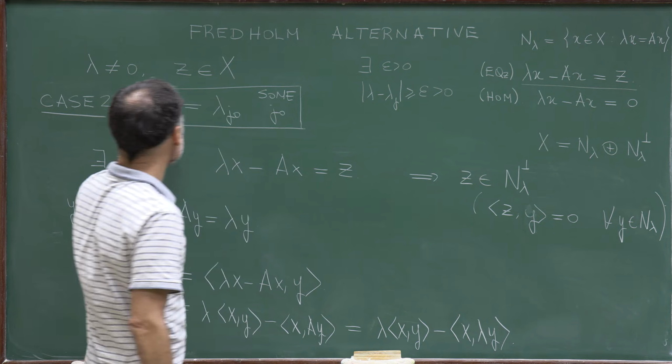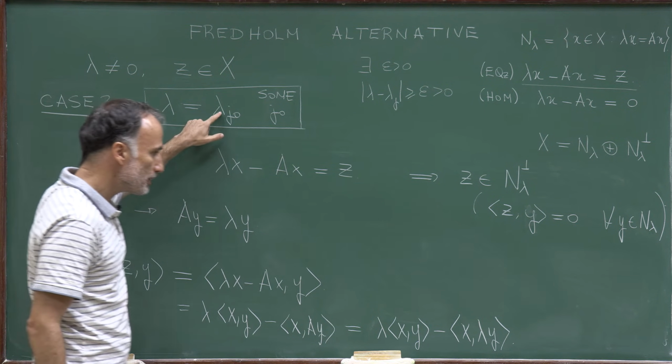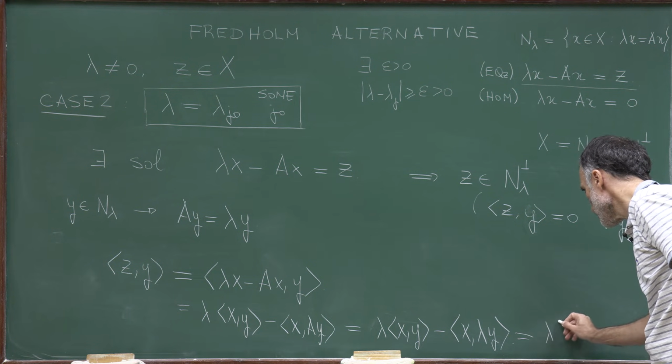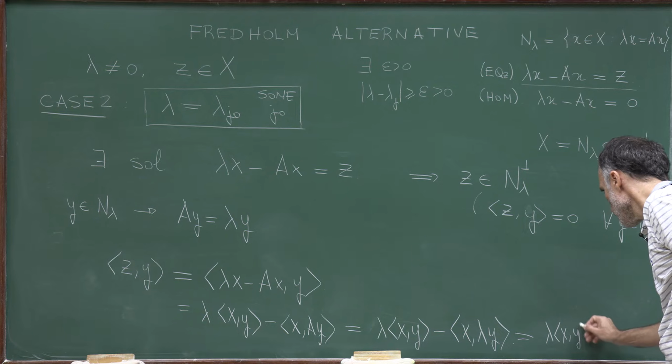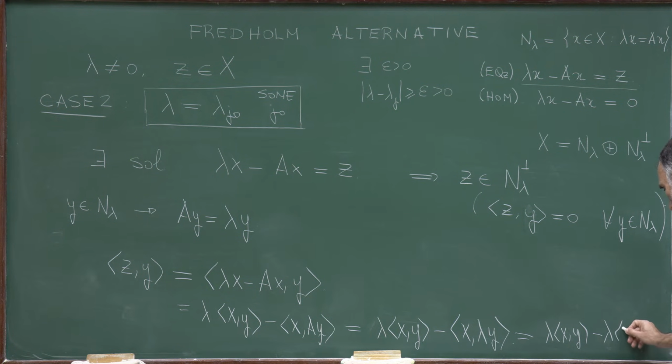And since lambda is now equal to one of these lambda j's, I know that lambda is real, so this is equal to lambda (x, y) minus, I can take it out and use the fact that it's real, lambda (x, y), and you see that this is equal to 0.